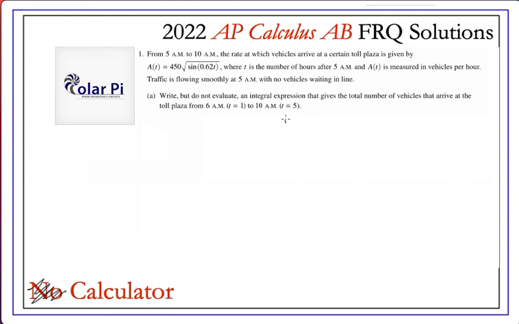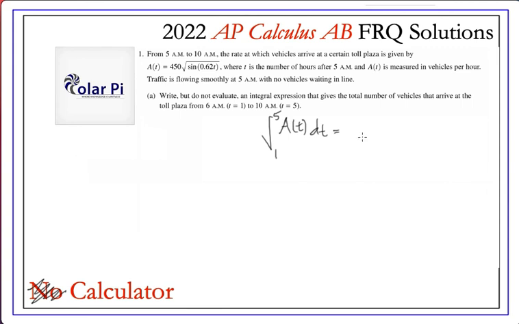So we want to take the integral of this A of t from 1 to 5, since 6 a.m. is time zero and 10 a.m. is 5 as they say, so we can use 1 to 5 to correspond to the two times of concern, and then dt.